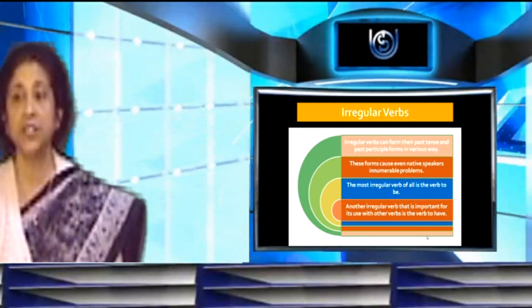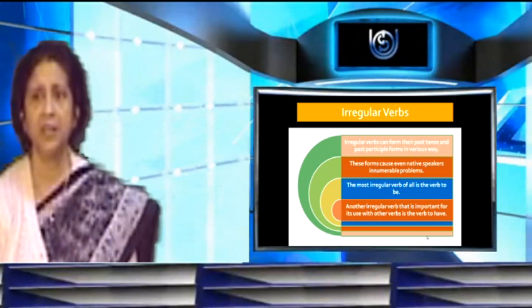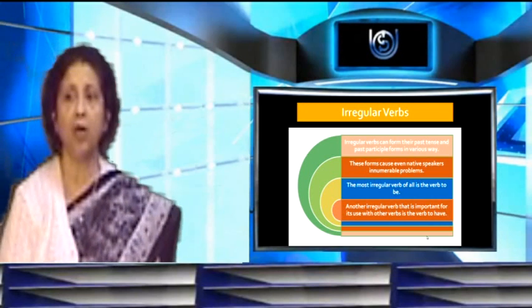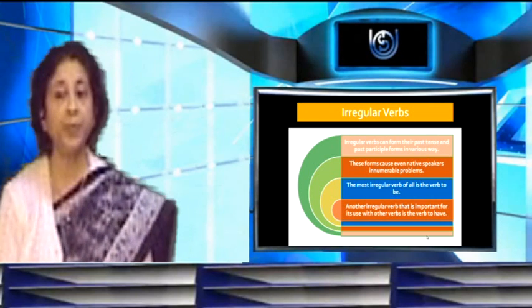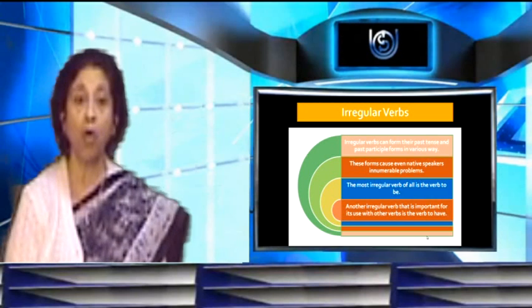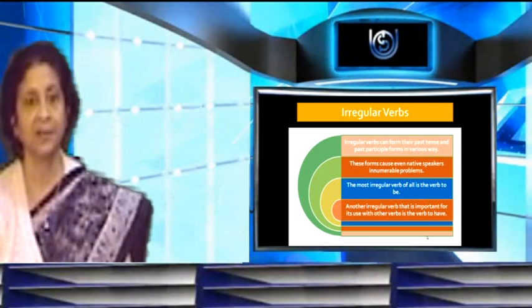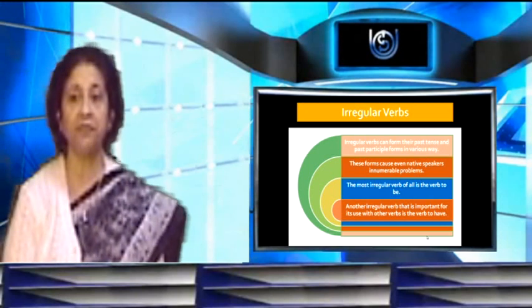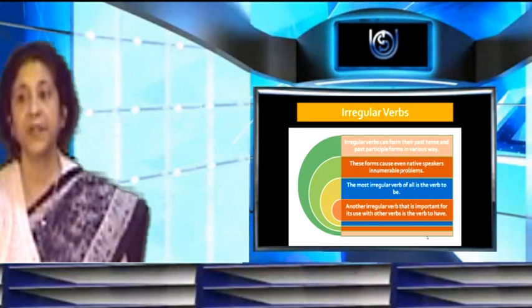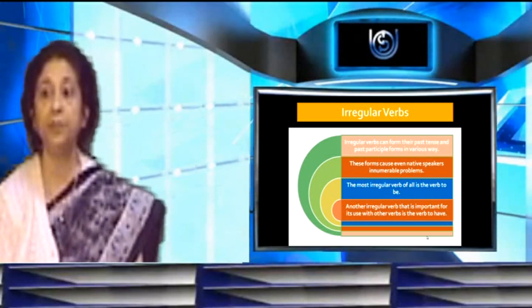These forms cause even native speakers innumerable problems at times. The most irregular verb of all is the verb to be. To be: is, are, am, was, were. Is, the past tense is was. So it's totally different.